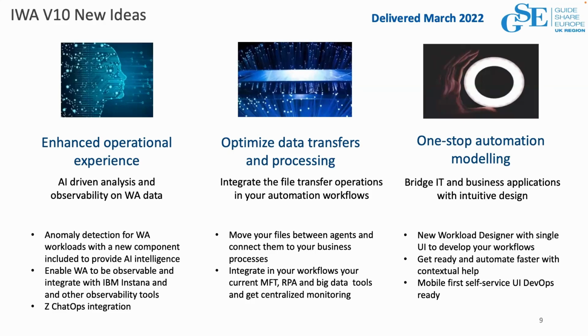Then another important big idea was to work on optimizing your data transfers and processing. How? You were already able to use our FTP plugin, the plugin that uses FTP protocols to transfer files, but we have added one important capability: the possibility to use your agents to move files from one node to another, and that's called the agent-to-agent protocol.